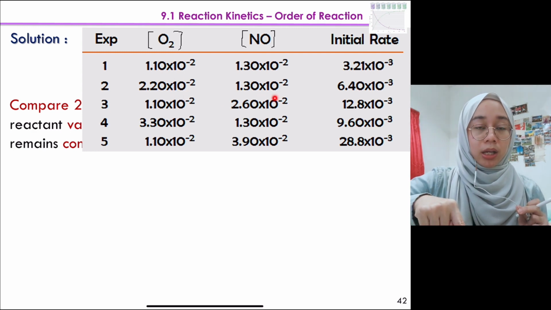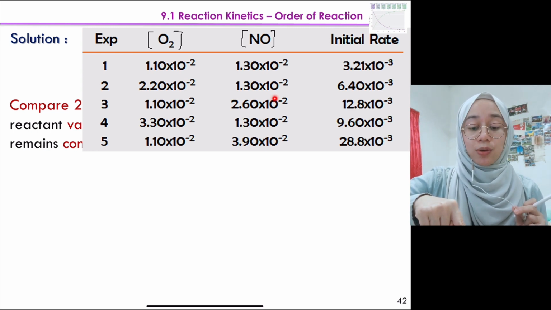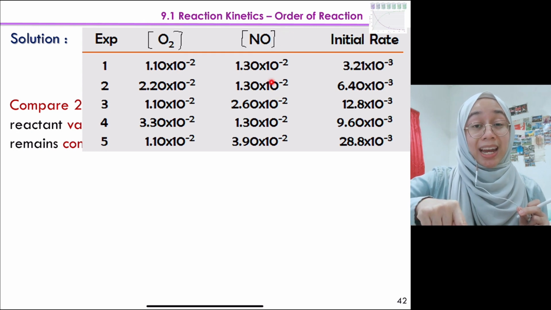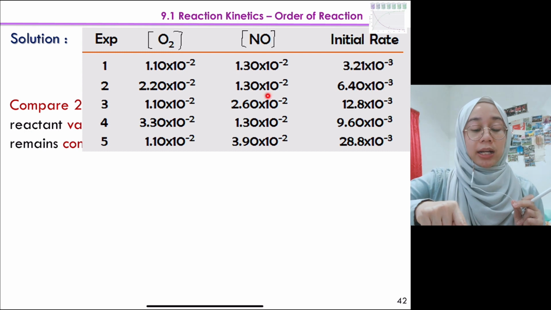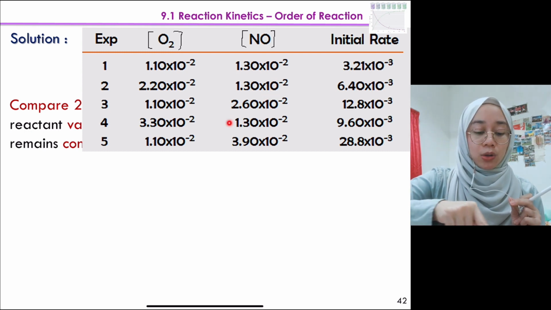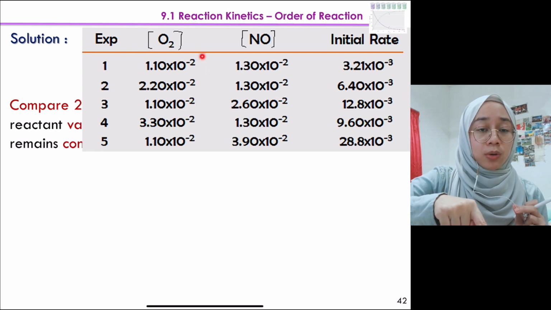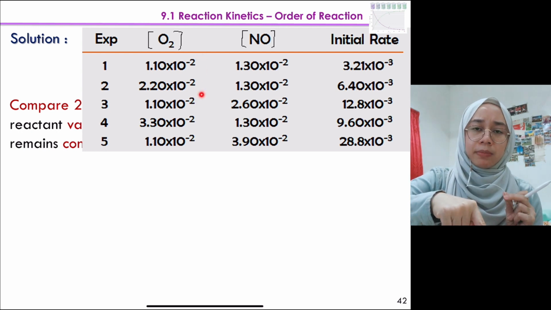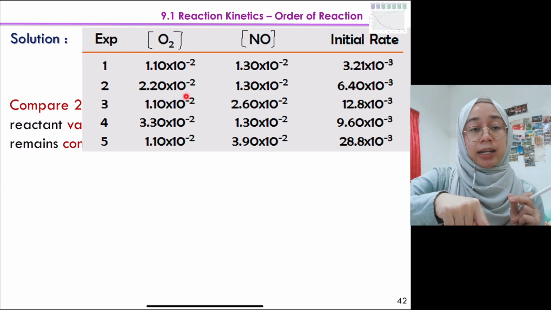Tapi NO ni dia punya concentration berbeza, so it'll be hard for you untuk cari ni nanti, because you have no idea apa value N yang order of fraction untuk NO tu tadi. Okay, so jangan guna 3 dengan 2 ni, tak boleh compare. So what about 3 dengan 1? 3 dengan 1 oksigen punya value sama, so nanti tak mencapai lah objektif kamu. Kamu nak cari value M untuk O2. So bila dua benda ni sama, dia tak akan dapat lah.